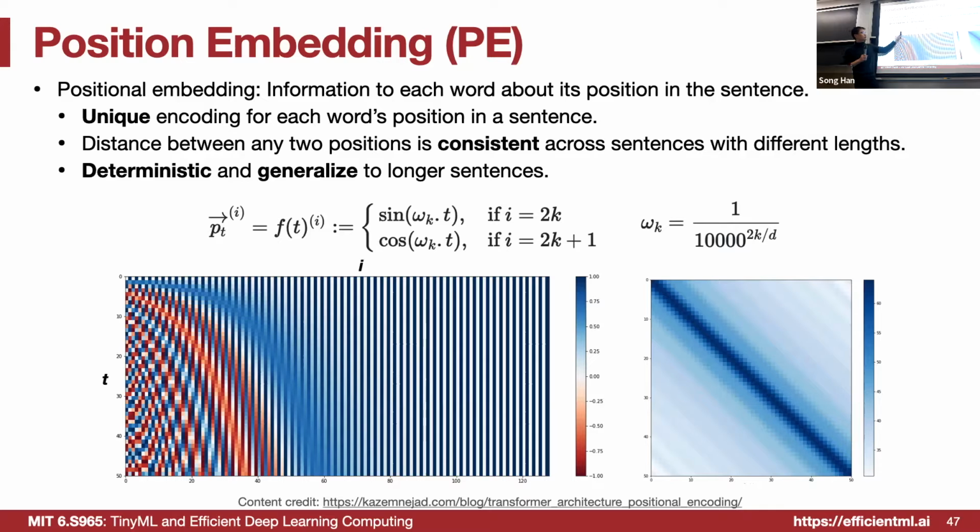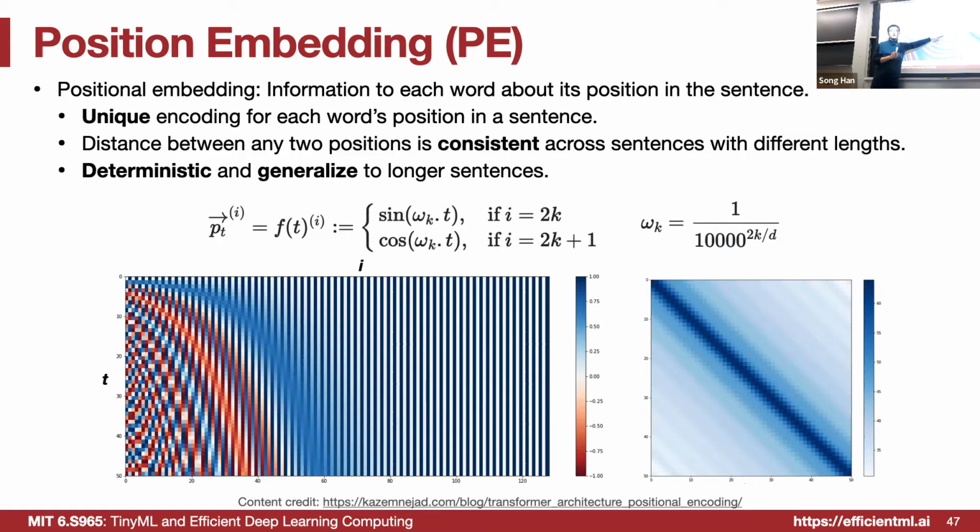But as we go deeper into the hidden dimension, when I is getting larger, in this example, we have 150 dimensions for each position, and here we have 50 positions. When we get into something like 100, a pretty big dimension, I becomes larger, so k becomes larger, so omega becomes smaller. So the frequency is getting smaller. Therefore, in this dimension, it's not changing much.